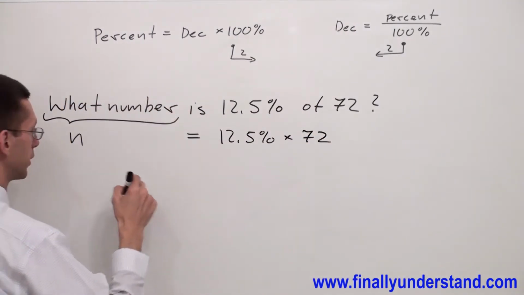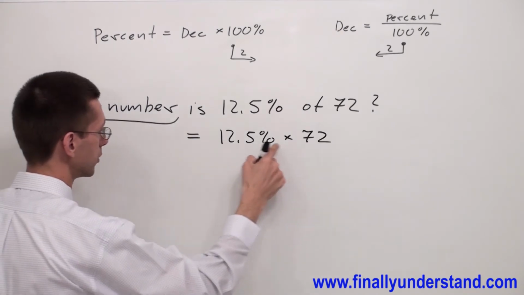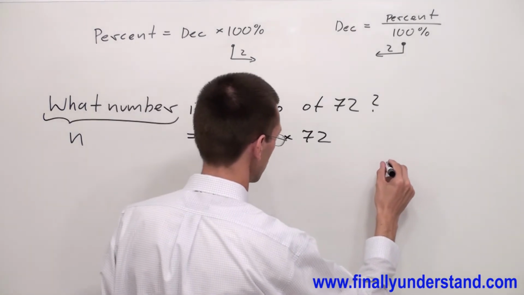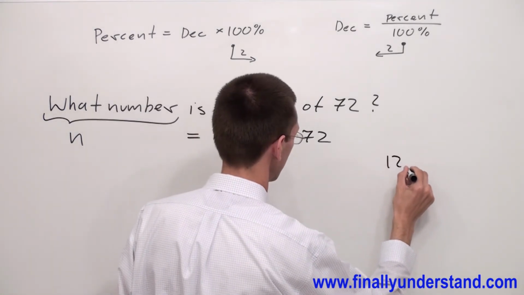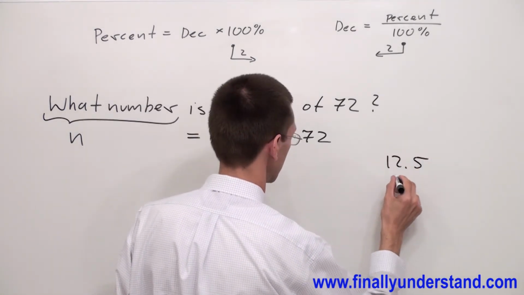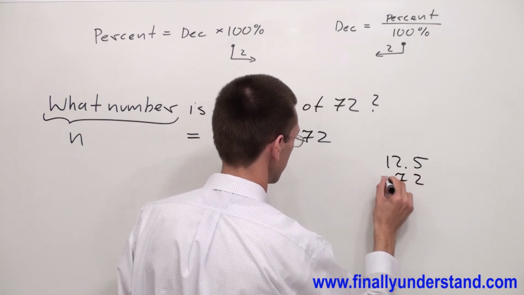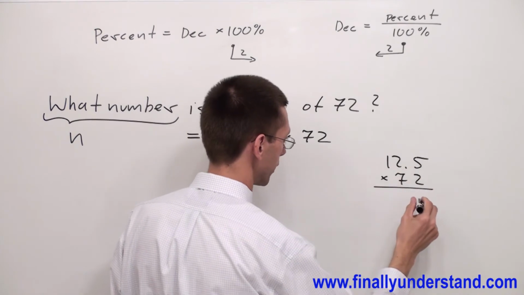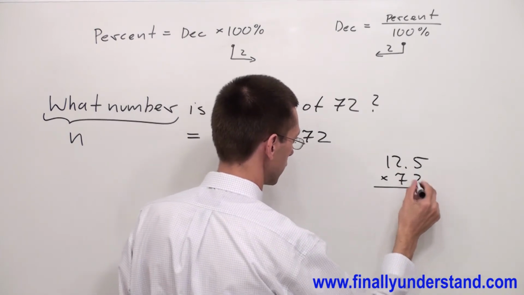Okay? Now, because n is by itself, I can simply multiply these two numbers. That's why I'm going to write 12.5 times 72. 2 times 5 gives me 10.